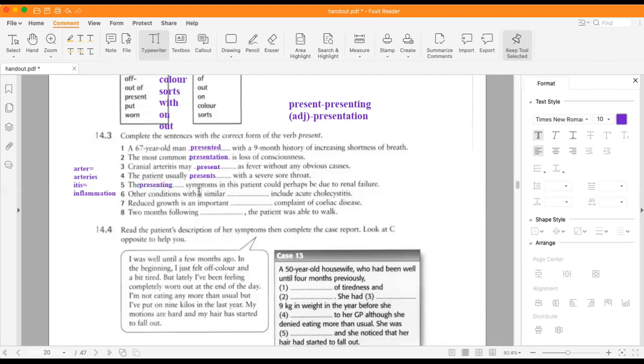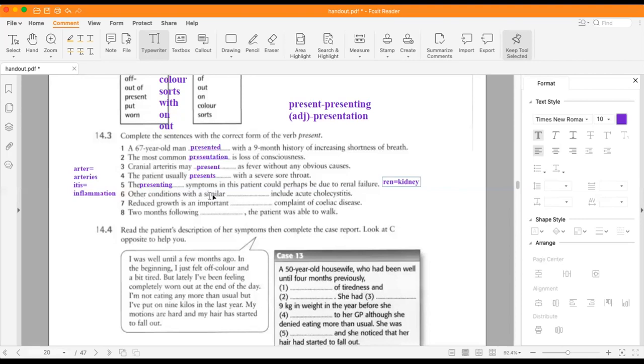As we said, we say the presenting symptoms or the presenting complaints. And as we said in the first lecture, the root REN means kidney. Renal failure refers to the failure of the kidney.